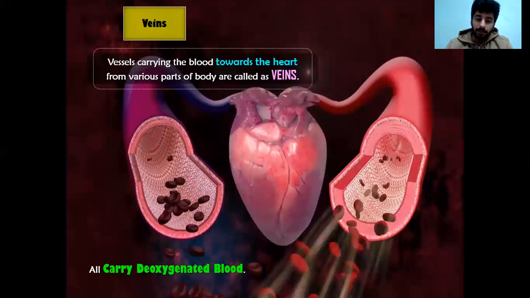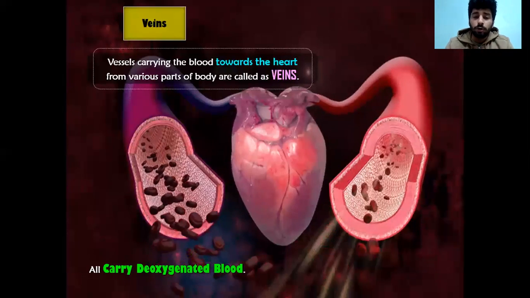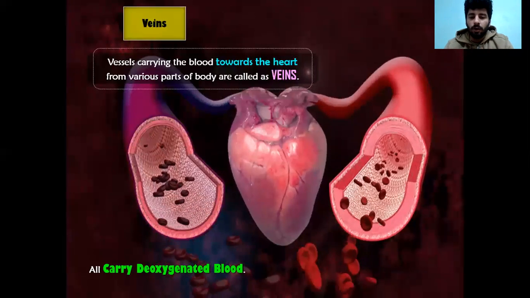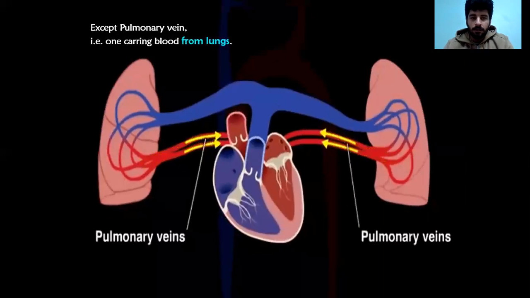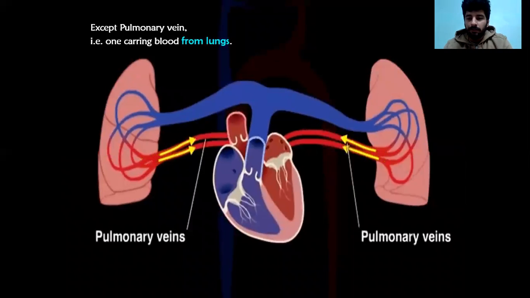That is, the carbon dioxide is going to be more because all the organs for their functioning would have used the oxygen. Again, one exception, the pulmonary vein, which brings oxygenated blood from the lung to the heart. Again, the same concept: because it is bringing blood to the heart, it is called a vein.